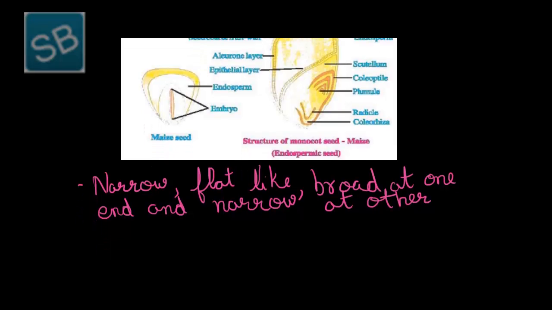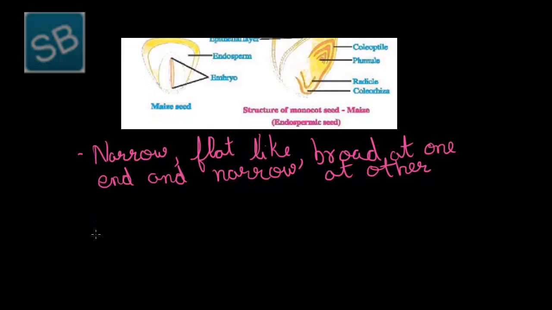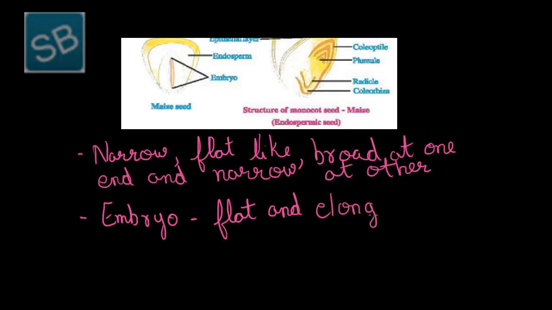Usually this embryo is located as a flat and elongated region. The region other than the embryo is called endosperm.